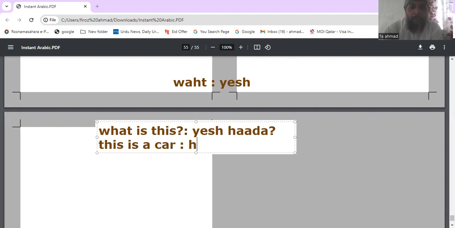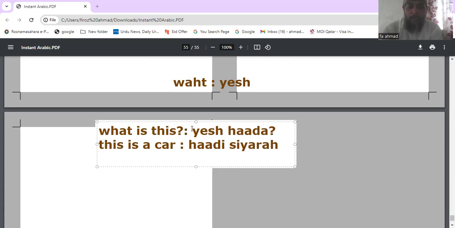You can say "hadi siyara". Why hadi? Hadi is for feminine because the word siyara is feminine. And this is a house. Say "hada bait". Because bait is masculine, we use hada.